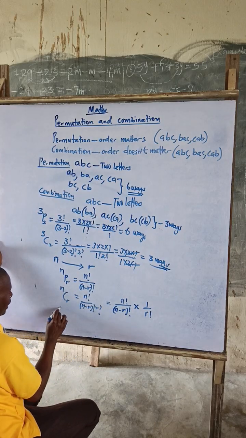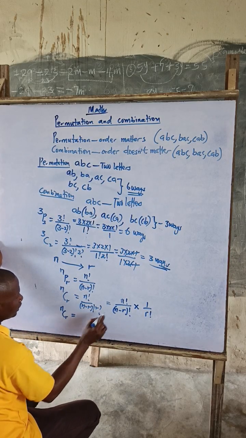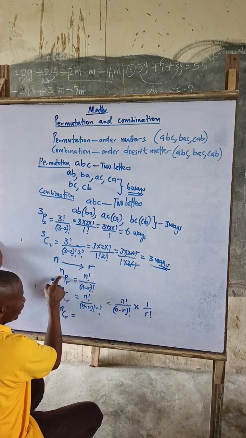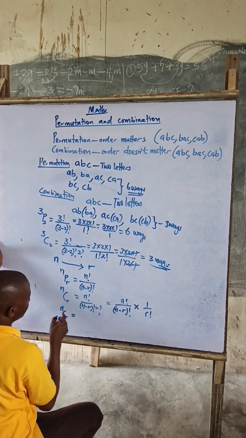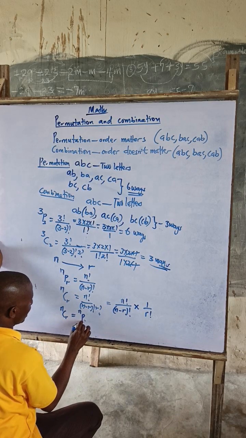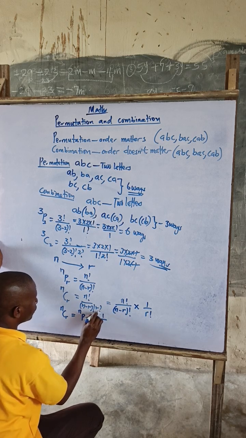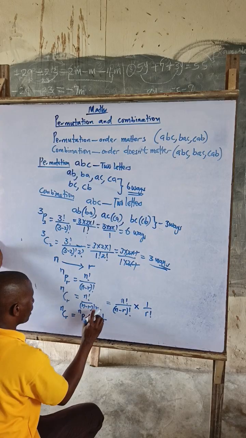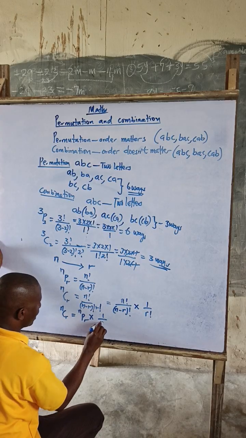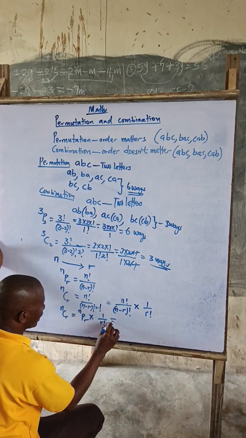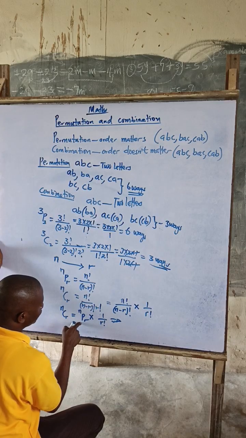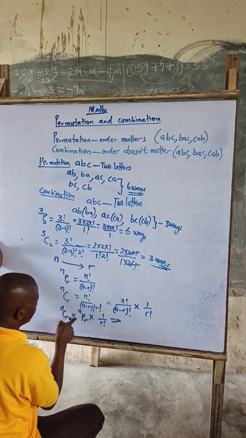Therefore, we can replace this with n permutation r times 1 over r factorial. This is combination in terms of permutation.